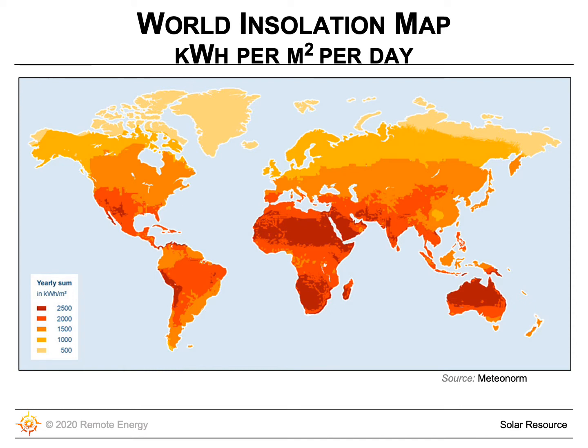So you could take a look at this chart and figure out where you are on it and get a rough idea of the yearly average solar insolation in kilowatt hours per meter squared.